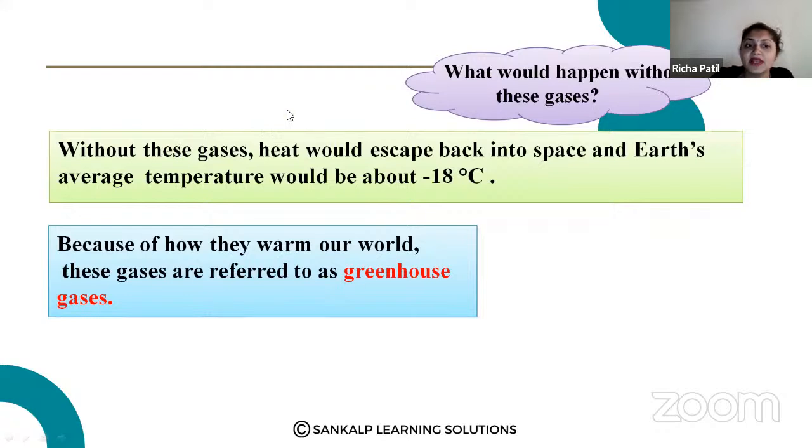Because of how they warm our world, these gases are referred to as greenhouse gases.